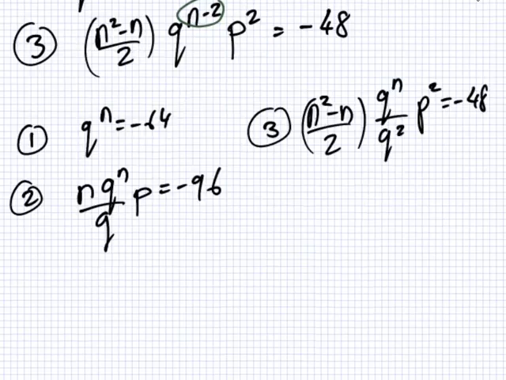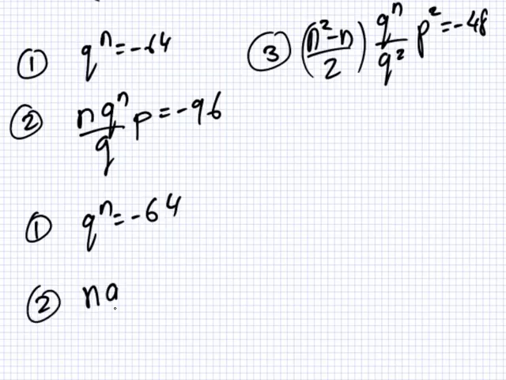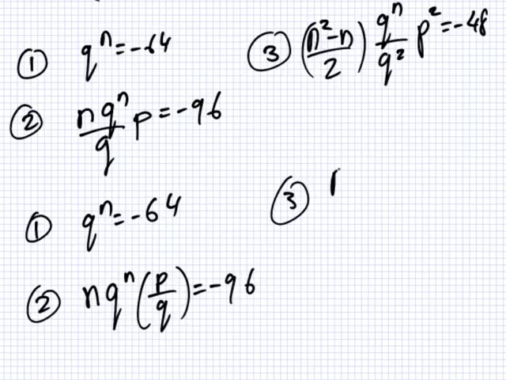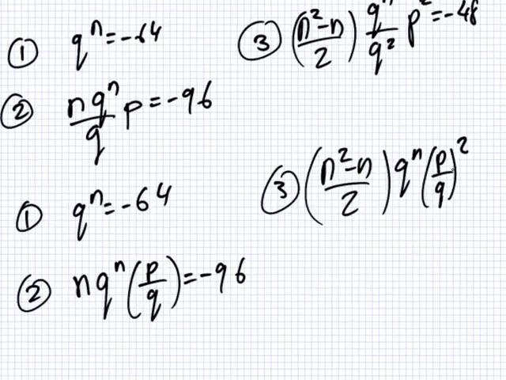Okay, scrolling down. A little bit more cleaning up to do. The first one, not much I can do. The second one, I can change into n qn p over q equals minus 96. And the third one, n squared minus n over 2 qn p over q squared equals minus 48.